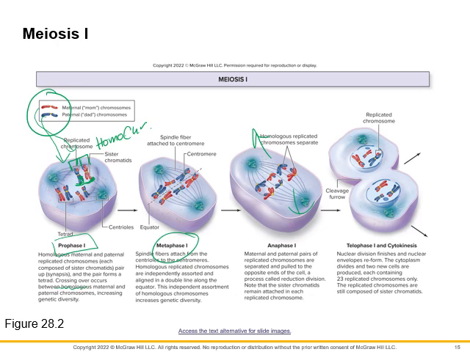That's anaphase. And then we see telophase. We're going to put the nuclear envelope back around the chromosomes. And in here, we have 2 of every chromosome, but it's mostly material from dad or mostly material from mom.